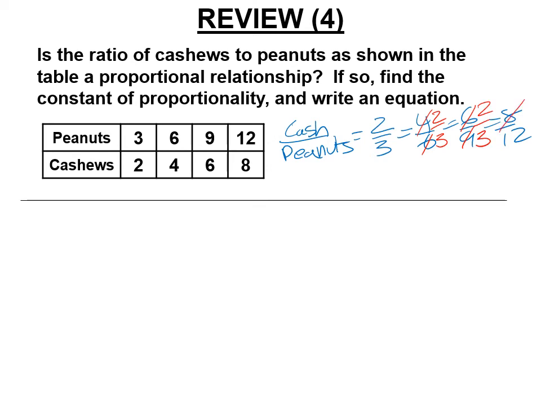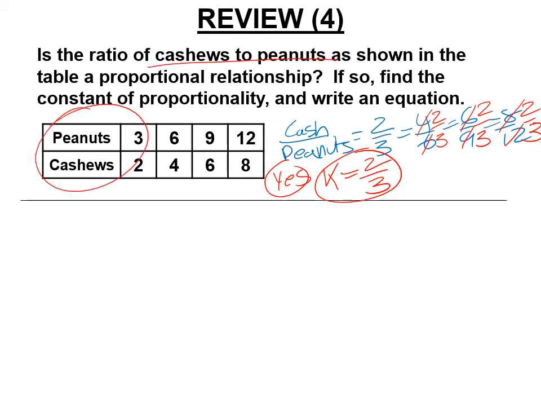Divide by 3. 8/12 simplifies to 2/3. And so since it is proportional, we're going to say K equals 2/3. There are 2 cashews for every 3 peanuts. Please, if you put 3 halves, you get no credit because it's upside down. It says cashews to peanuts, but we always end up flipping these tables over.